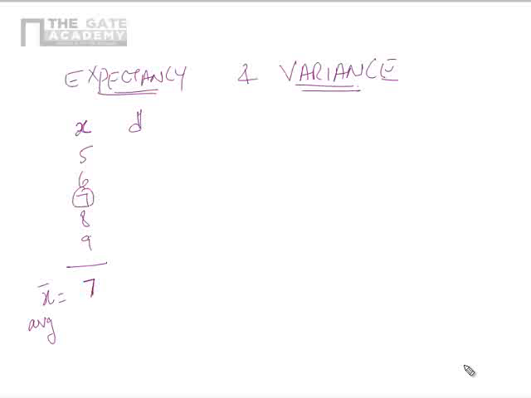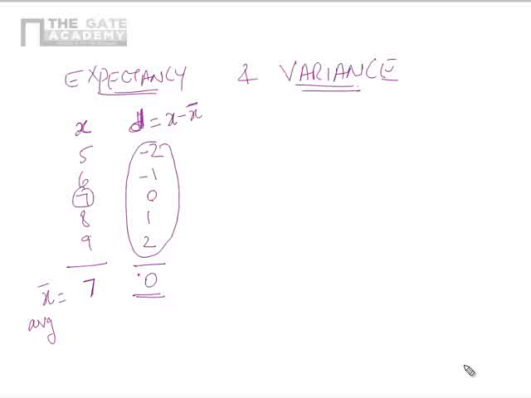Then we compute the deviation. Deviation is nothing but x minus x bar. So here we will get minus 2, minus 1, 0, 1 and 2. Now if I try to find the average deviation, it becomes 0. Why? Because minus 2 and plus 2 will get cancelled, minus 1 and plus 1 will get cancelled.